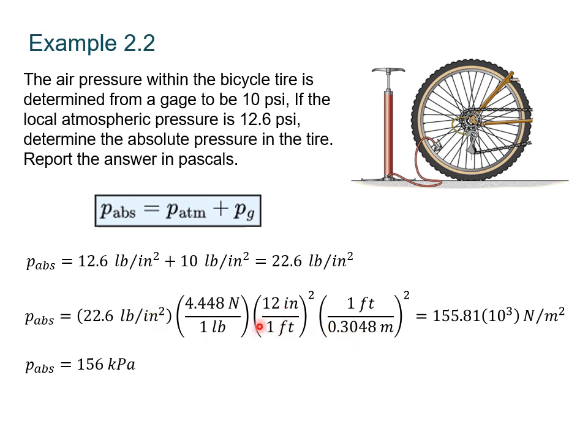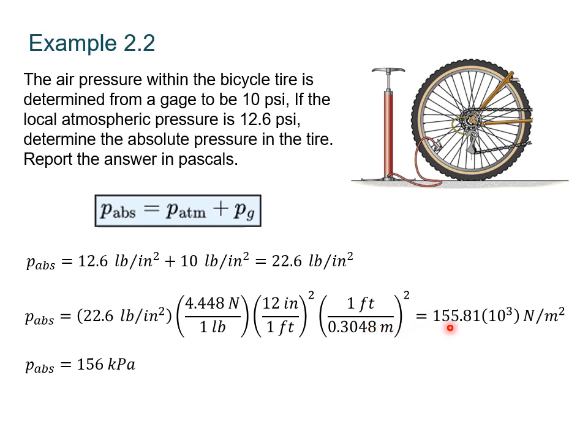So first let's convert square inches to feet, and then we'll convert the feet to meters. So there's 12 inches in 1 foot, and 1 foot is 0.3048 meters. So when you divide it out, the inches squared will cancel, you'll be left with foot squared, and the foot squares will cancel, you'll be left with meter squared.